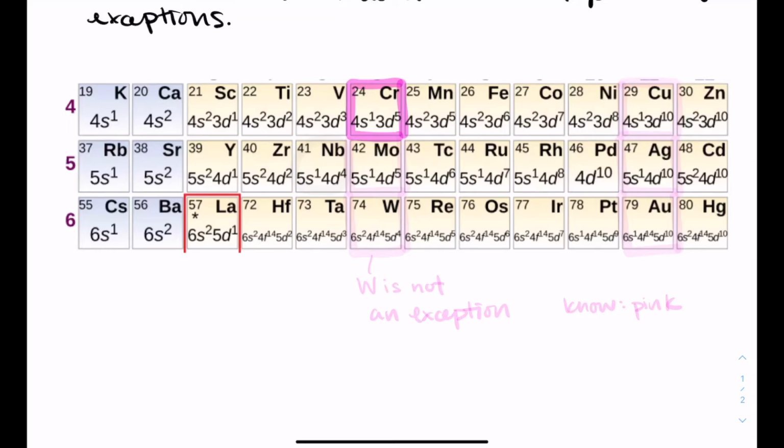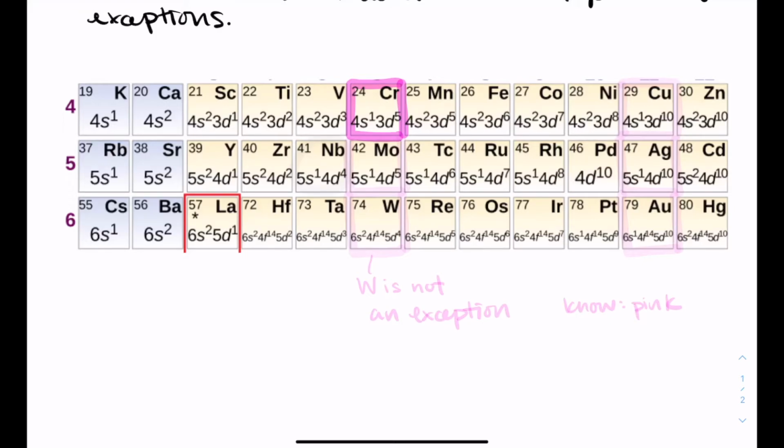For manganese, we go back to just what you would expect. It's 4s2, 3d5. Iron is 4s2, 3d6. Cobalt is 4s2, 3d7. Nickel is 4s2, 3d8. But then we get to copper, and instead of being 4s2, 3d9, it's 4s1, 3d10.